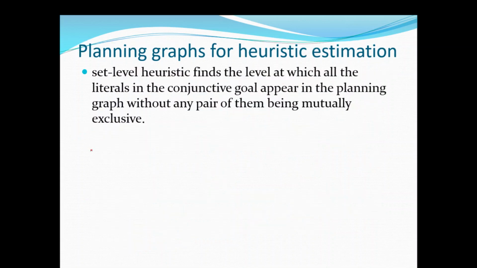The next type of heuristic is the set level heuristic. With the set level heuristic, we find the level at which all the literals in the conjunction goal appear in the planning graph without any pair of them being mutually exclusive. So what do we mean here? The goal state contains multiple literals.